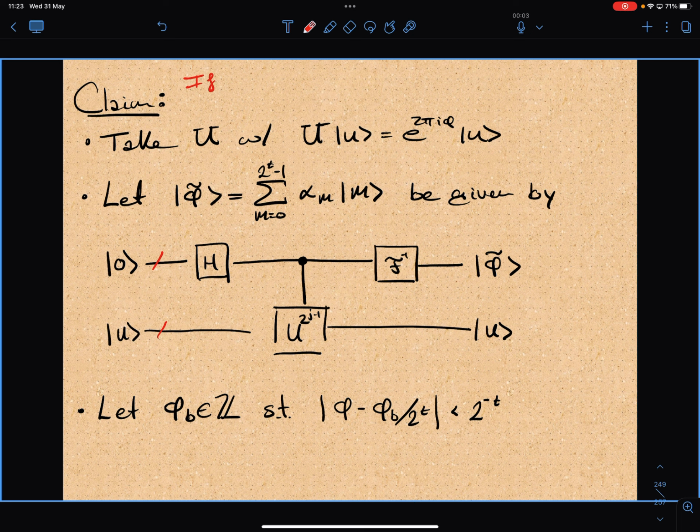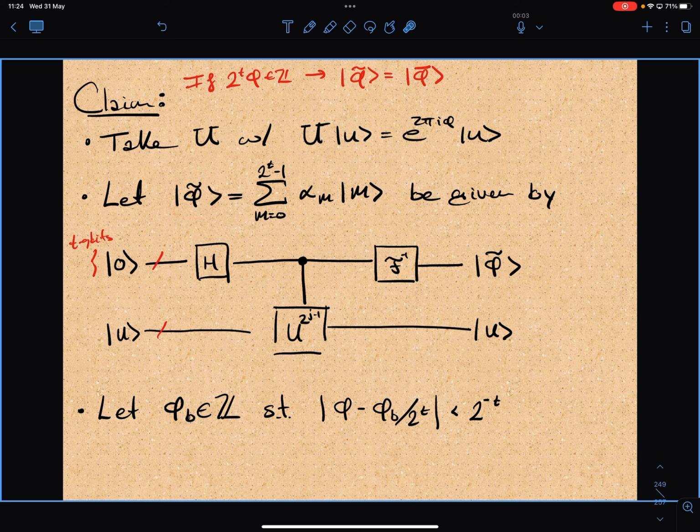Whereas if phi terminates, so these are t qubits, and let's say 2 to the t phi was an integer, then this would mean that phi tilde in here is equal to just one number, phi bar. So the whole probability is concentrated on phi bar. But in general, it's not going to be terminating.